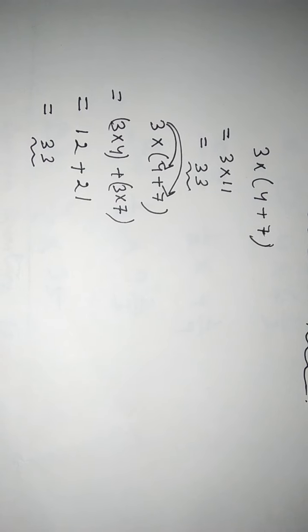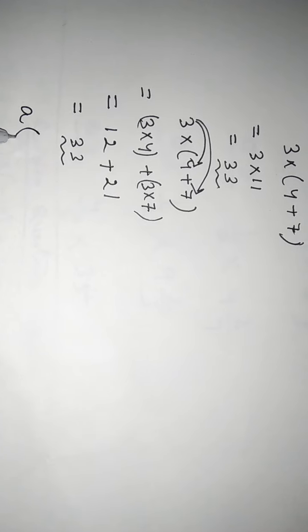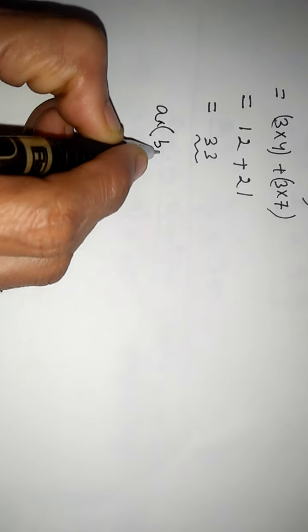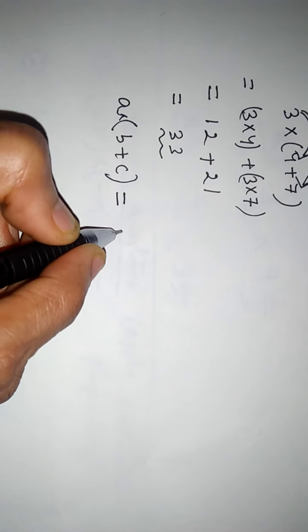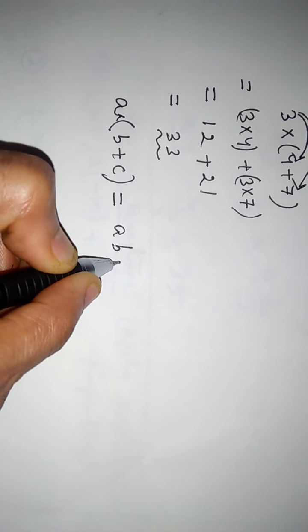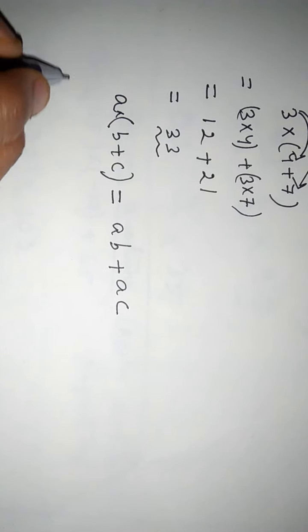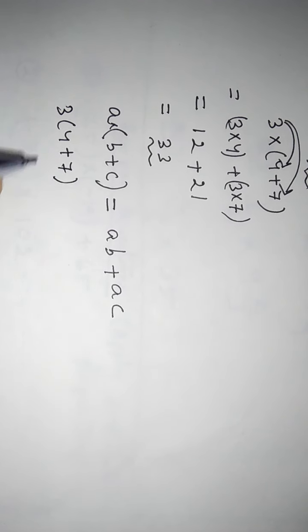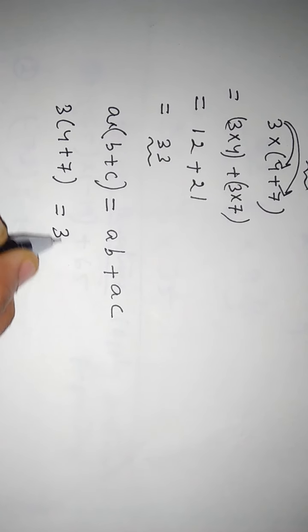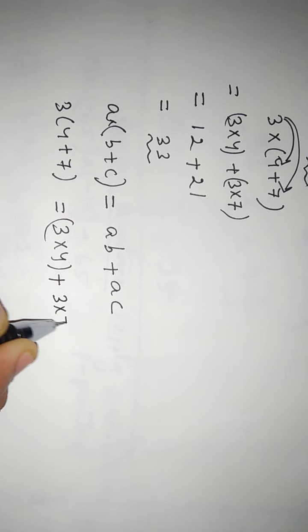So the distributive property will be like this. If A is multiplied with B plus C, the answer should be A into B plus A into C. Likewise, 3 into 4 plus 7 should be equal to 3 into 4 plus 3 into 7.